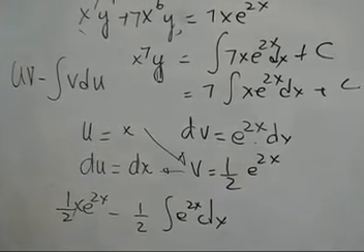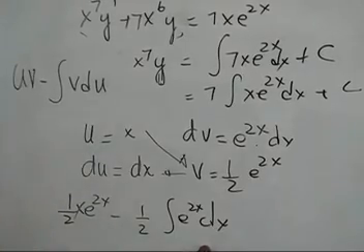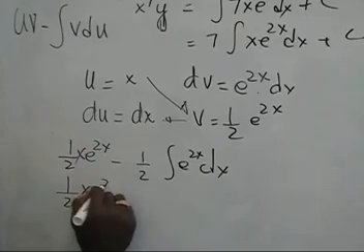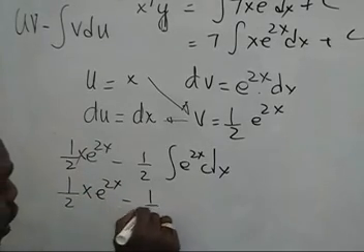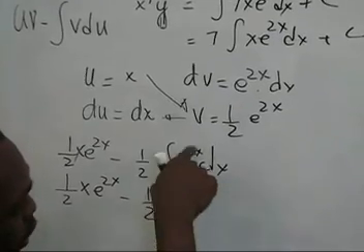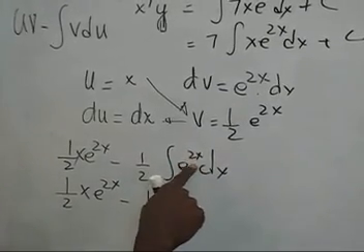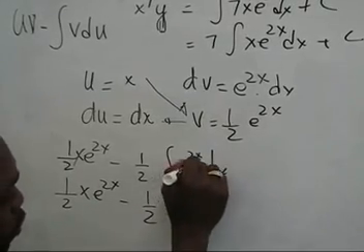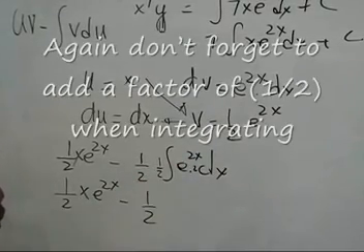Next, I'm going to have to integrate that part. So 1/2 x e to the 2x minus 1/2. To integrate that one, I need a 2 here, as you can see, because my u is 2x, so my du is 2. So if I put 2 there, I have to put 1/2 outside.